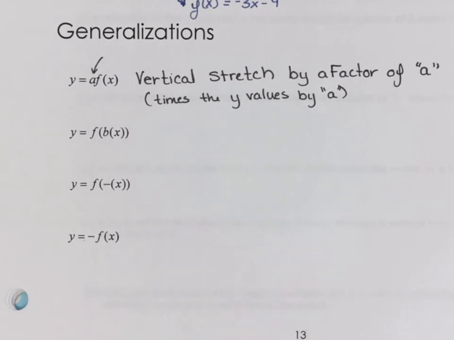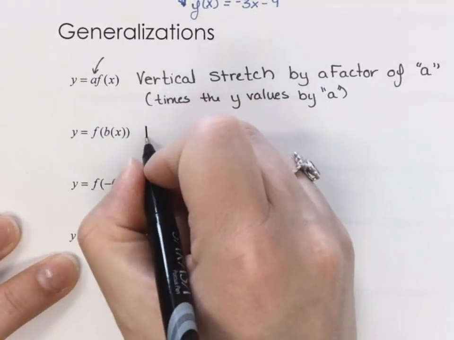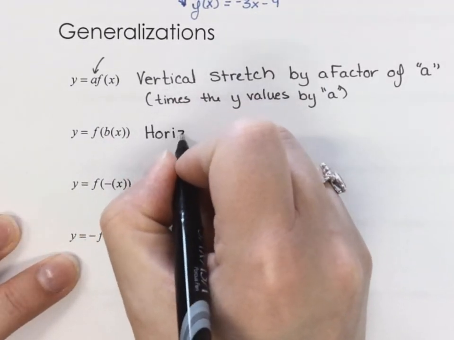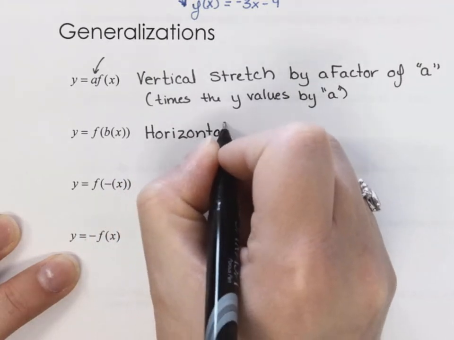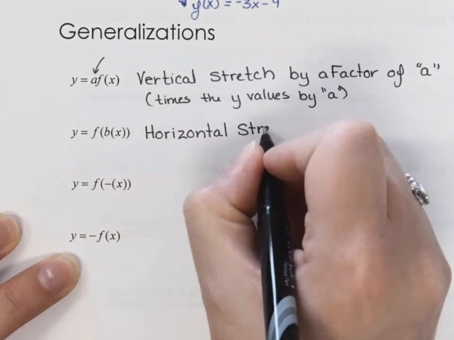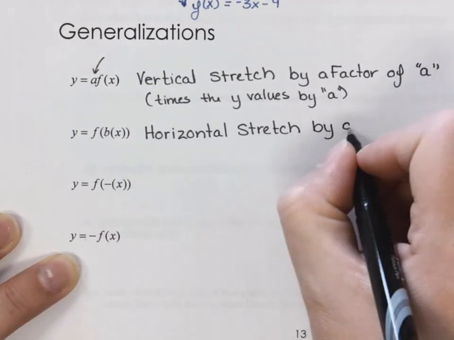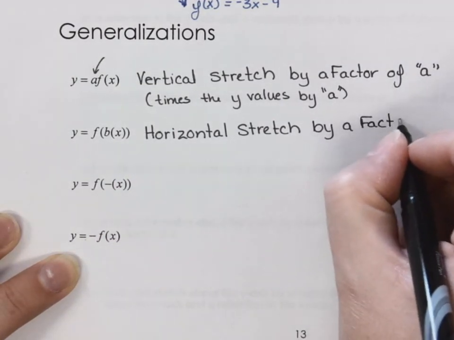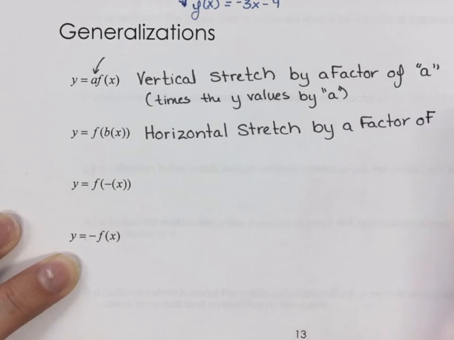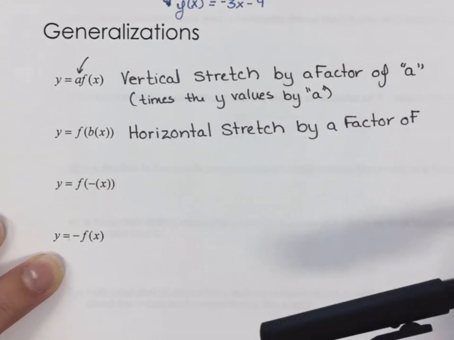All right, so now with the b next to the x, what is that transformation called? It's a horizontal stretch by a factor of 1 over b.